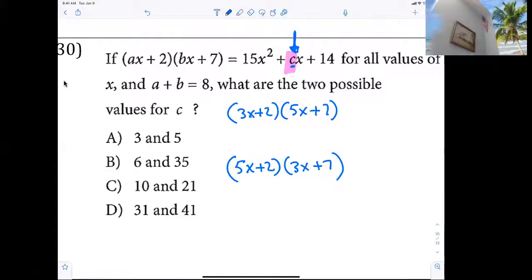Multiply this out, and Genius over there says 31x. So what is C? 31. So now is the answer A, B, C, or D? Has to be D, because that's the only one with the 31 in it. Wow. I know that. You don't have to tell me you were confused. All right, here we go. I need help with the bottom one. How did they get 41, do you think?